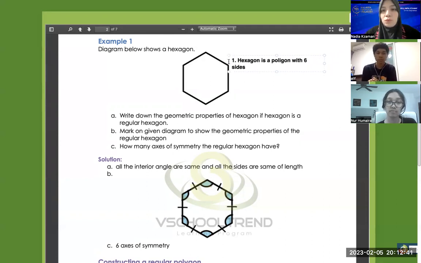So the geometric properties that you can mention are: it has 6 sides, 6 equal sides. And how many angles? 6, and 6 equal angles.